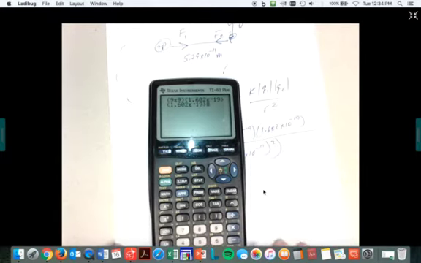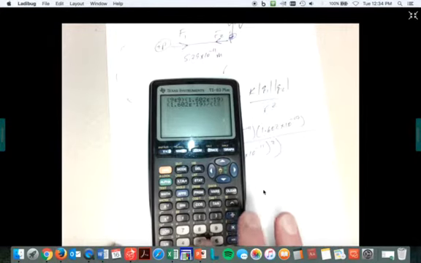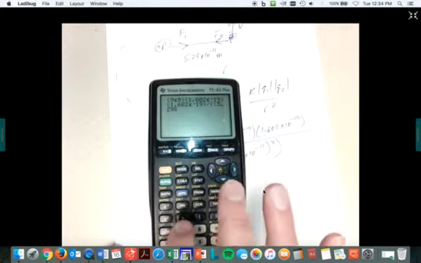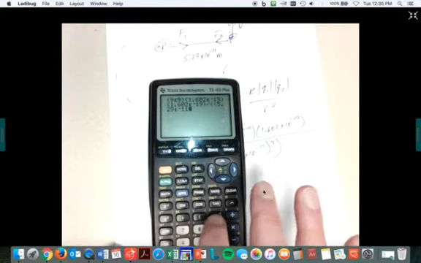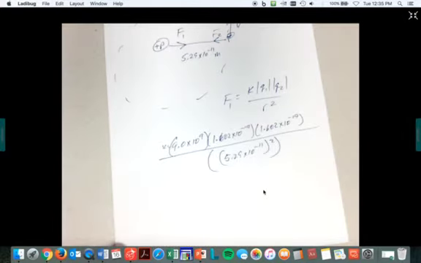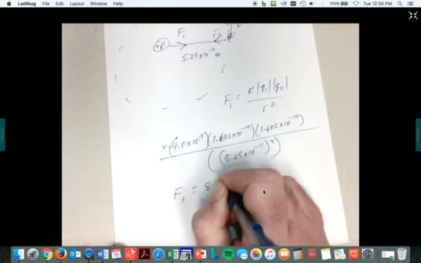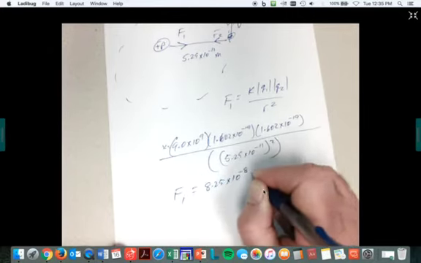Close my parentheses, divided by, here's the most important step, double parentheses, 5.29 EE negative 11, close parentheses, squared, closed. That'll do it for me, all in one step. And I get the force. Bang! 8.2, let's go with 8.25 times 10 to the negative 8. So F1 is equal to 8.25 times 10 to the negative 8 newtons.